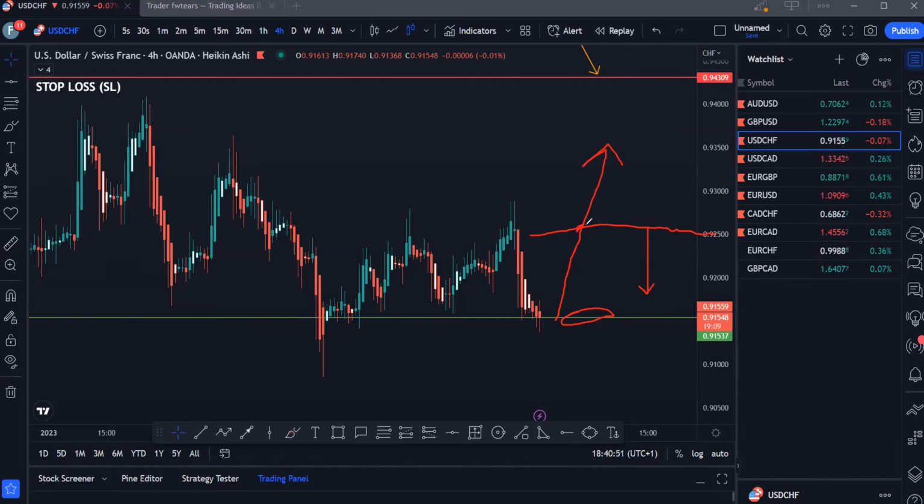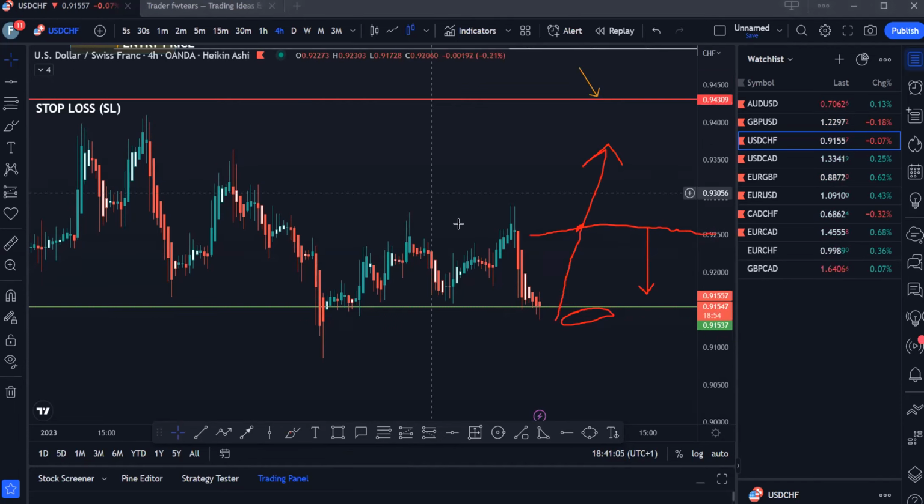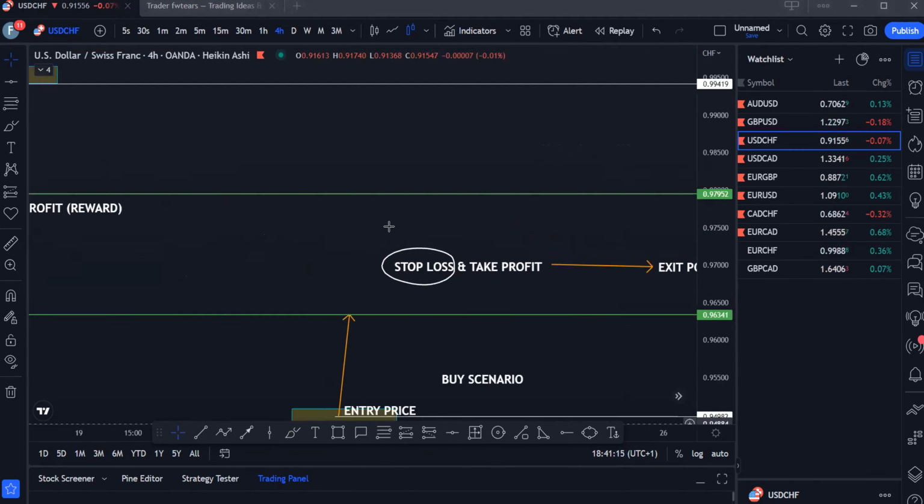For that pending order, you'll be asked for the price at which you want your entry to trigger. So let's talk about the different kinds of pending orders that we have. There are 4 major types that you need to focus on as a beginner. Let's go back to pending orders.